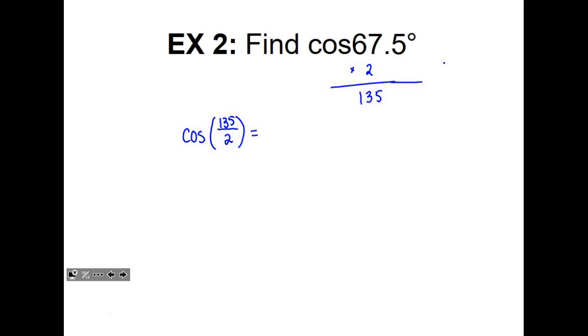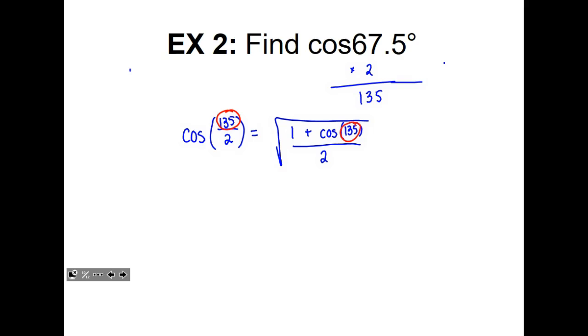And I'm going to use my formula. So my formula is 1 plus cosine of, you're only using the 135, not the 135 over 2. The top part here is the number that goes here. And then it's all over 2. Okay?